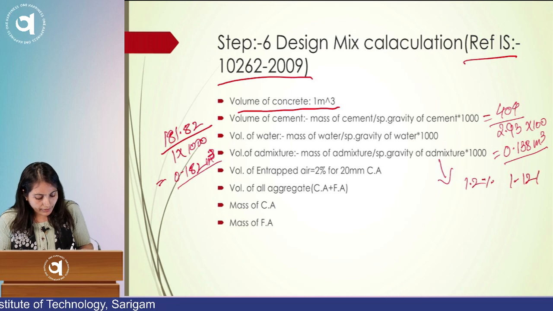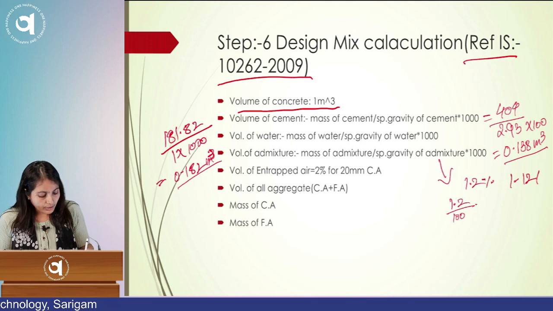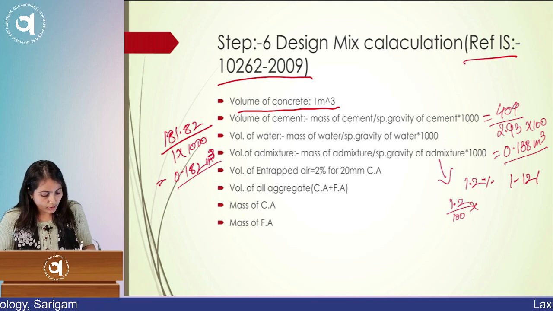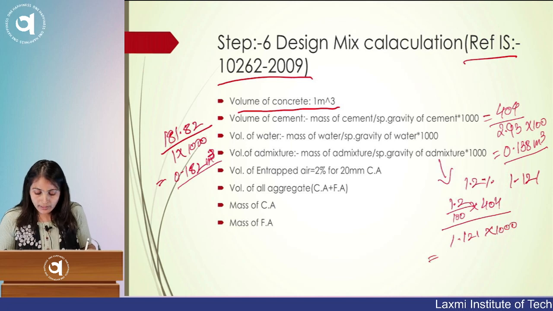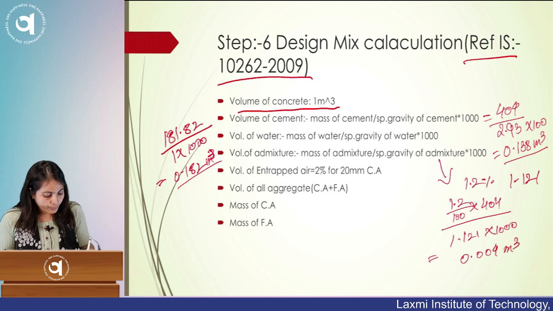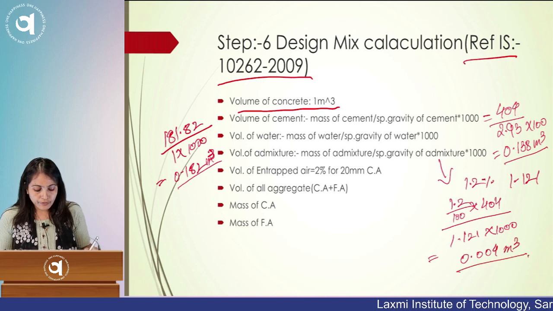So we can calculate the mass as 1.2 percent by 100 into your cement content. So, 404 cement content by 1.121 specific gravity into 1000. We get 0.004 meter cube as your volume of admixture.